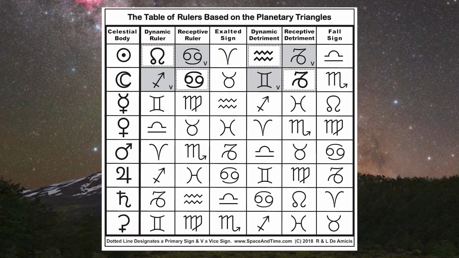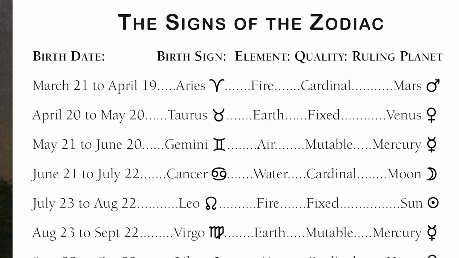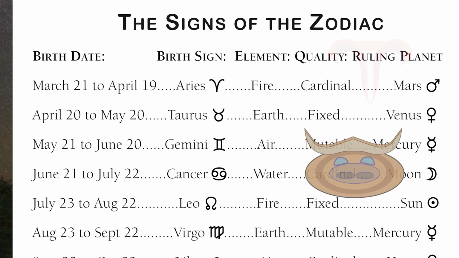The 4 elements of the signs start with fire for Aries, and then alternate between earth, air, and water through the 12 signs. The elements are the 4 states of matter in physics: plasma, solid, gaseous, and liquid. Dynamic fire energizes. Responsive earth stabilizes.